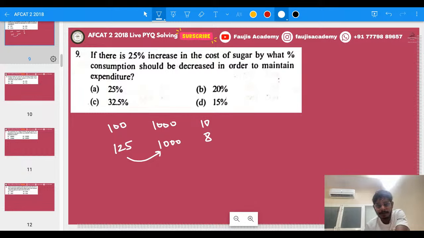That means earlier you used to consume 10 kgs, now you are only consuming 8 kgs. That means you will have to reduce your consumption by 20%, right? So this particular answer B will be the answer to this question.